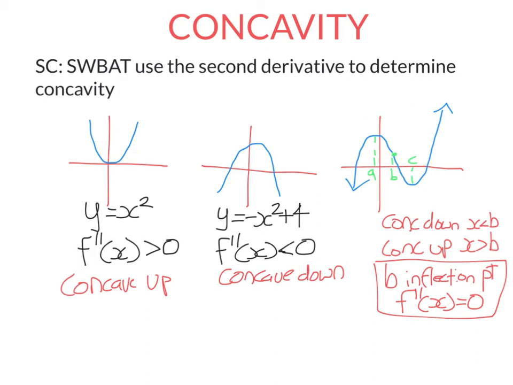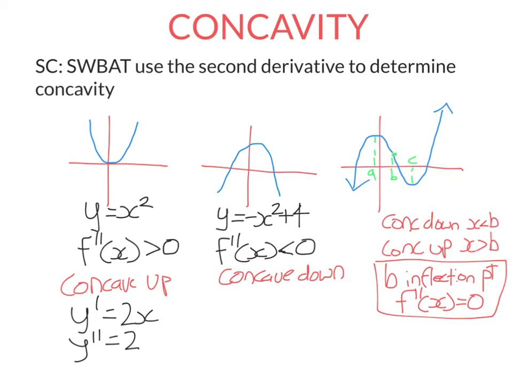So functions are concave up whenever the second derivative is positive, concave down whenever the second derivative is negative. If y equals x squared, the first derivative is just 2x, the second derivative is just 2. That's why this function is always concave up. Its second derivative is always positive. 2 is always positive.